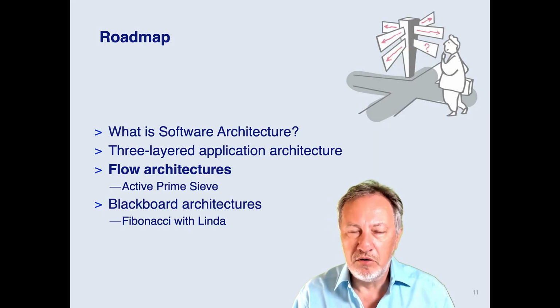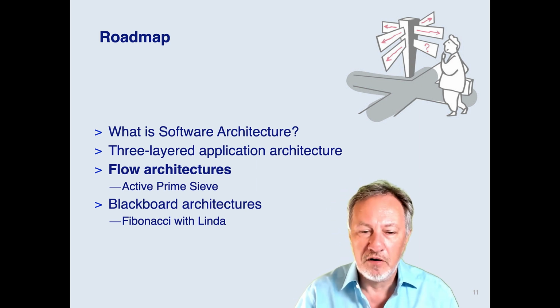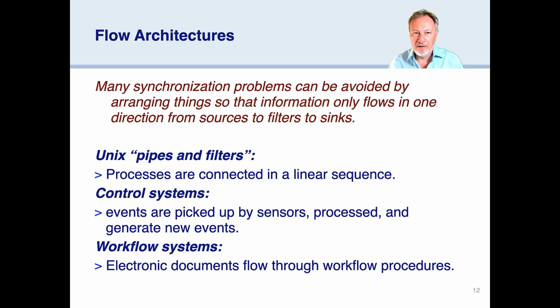Now let's have a look at the role of data flow in concurrent architectures. So lots of synchronization problems can be avoided by arranging things so that information flows in one direction, that is from sources to filters to sinks. This is a so-called flow architecture, data flow.